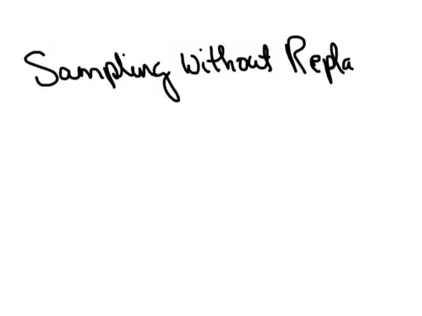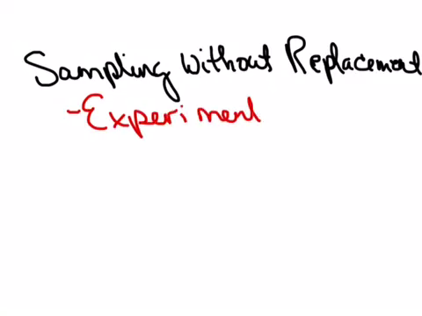This is how we obtain the actual sample that we're going to utilize in the study, and this is known as experimental sampling, because the probabilities will change as you remove people.